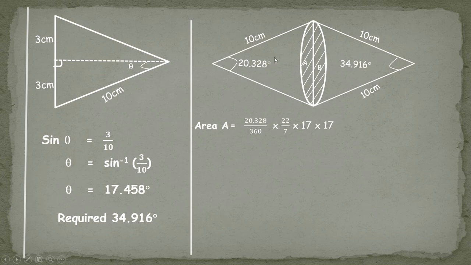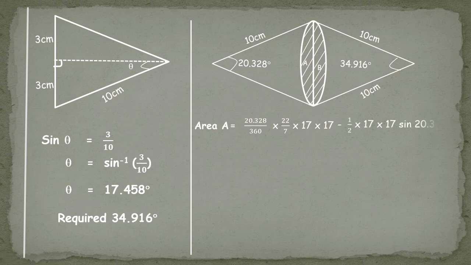So how do we get the area? We shall take the whole area of the sector, this whole part, then subtract the area of the triangle.